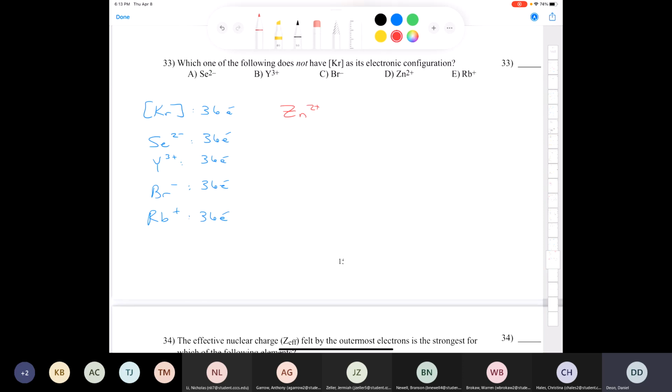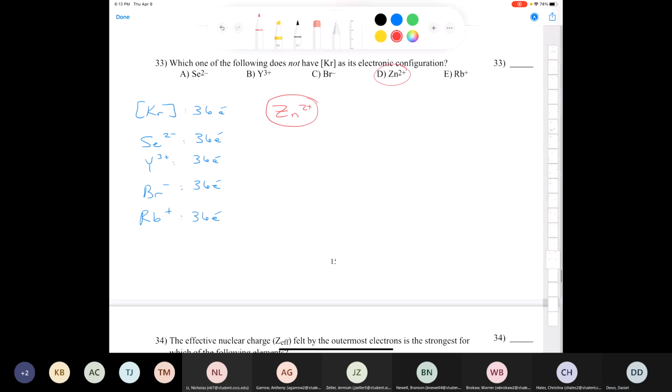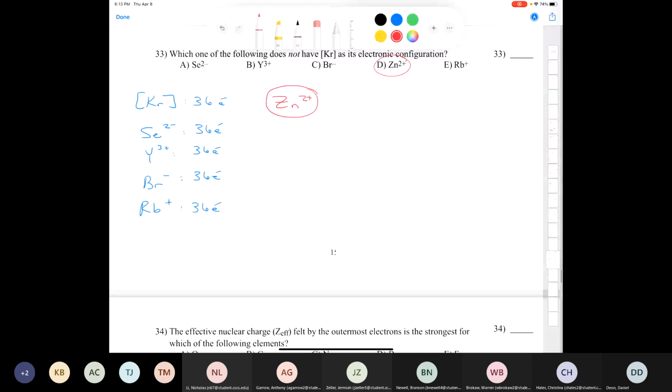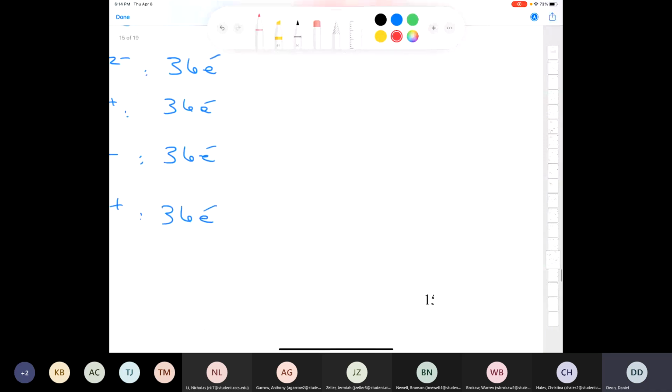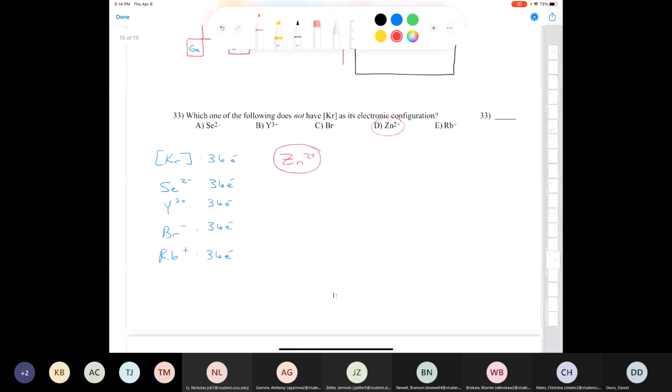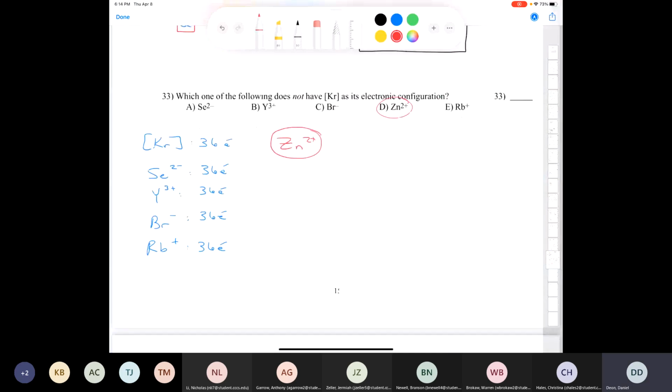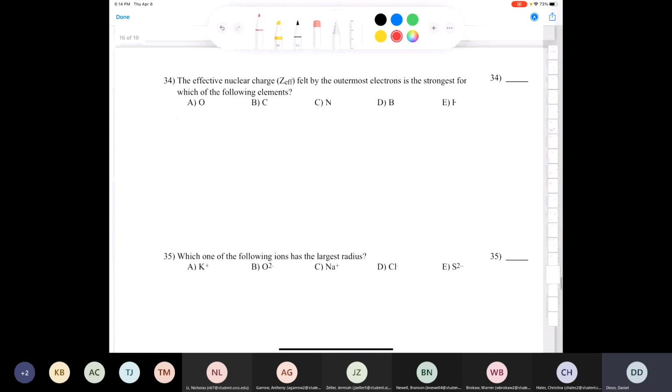But either way, it is not going to be isoelectronic with krypton, not even close. Because zinc has 30 electrons, so when it loses 2 electrons, it's going to have a total of 28 electrons. So we'll put here 28 electrons like that. And that might be an easier way to think about it.